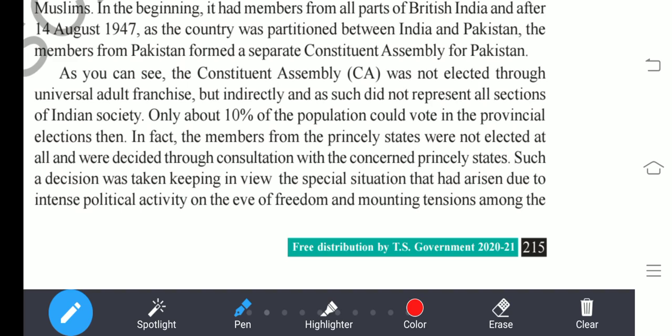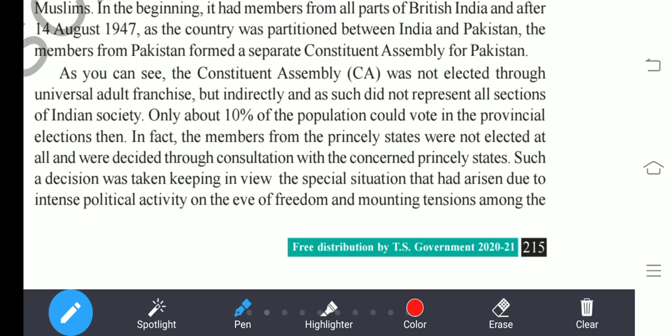10 percent of the population of India got the right to vote, and those 10 percent elected representatives to all the provinces. So Constituent Assembly members elected by the provincial assembly members were actually the representatives of 10 percent of the population, as they were not elected through universal adult franchise.